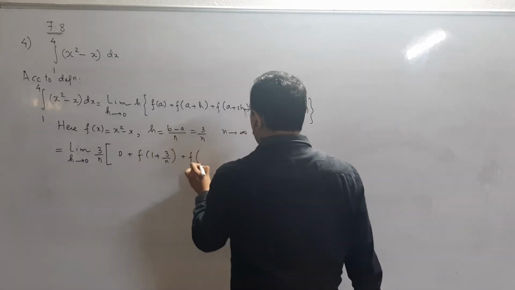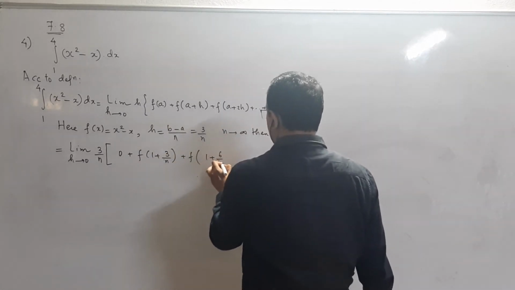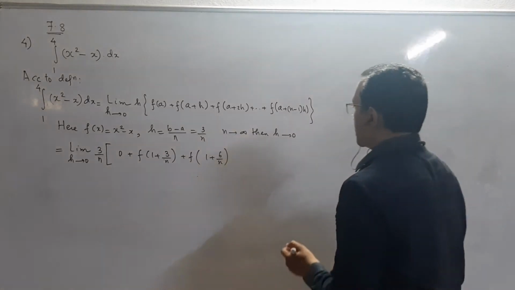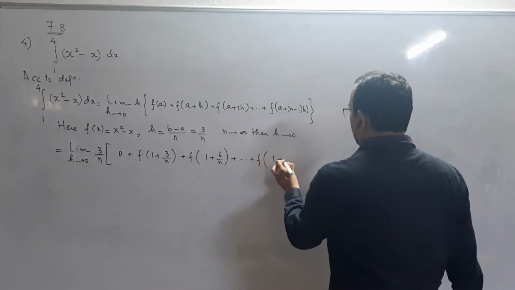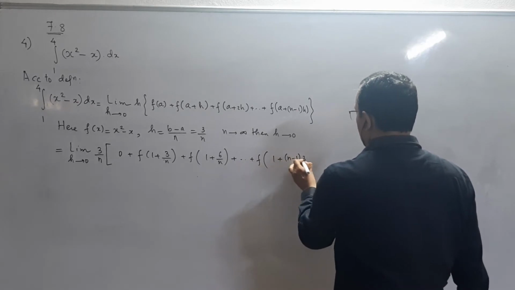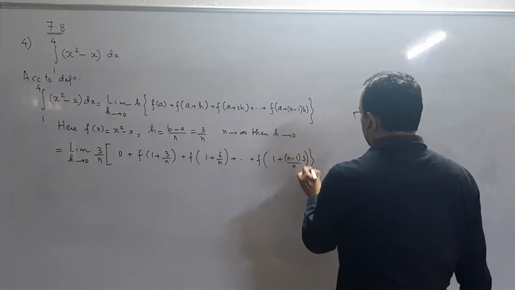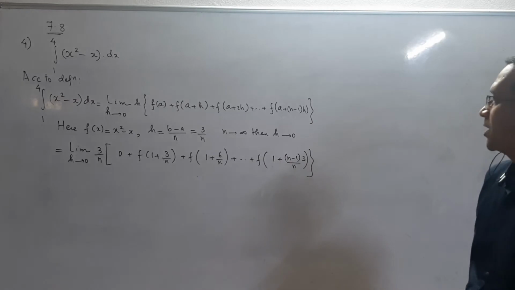Then this will be a plus twice h, so 3 into 2, 6 by n, up to f of 1 plus n minus 1 into 3 by n.